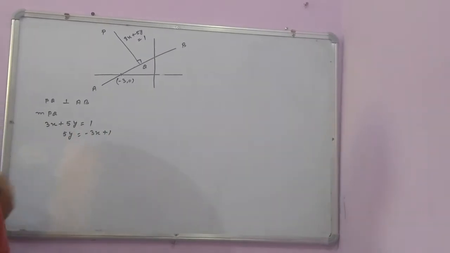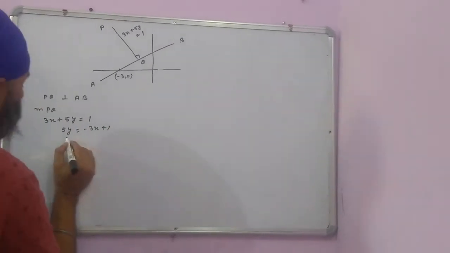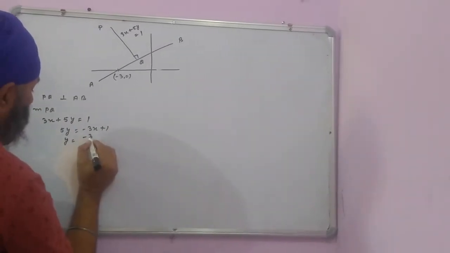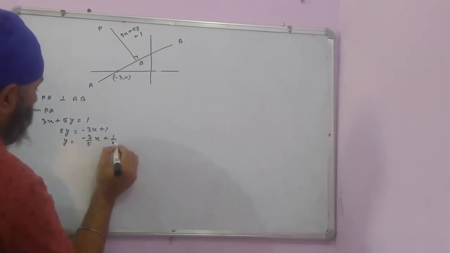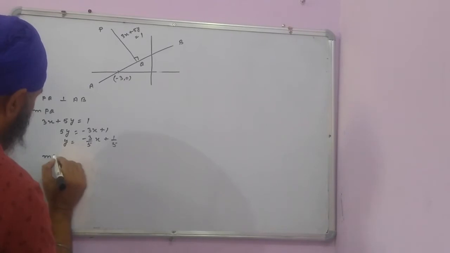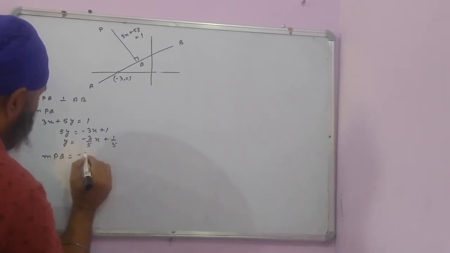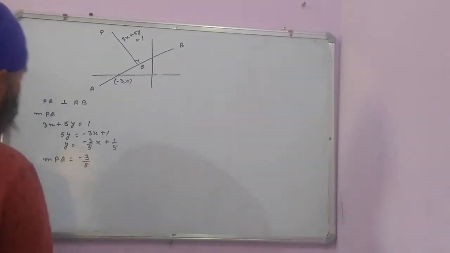Minus 3x will go there and become minus 3x. 5 will get divided, 1 by 5. So m PQ is minus 3 by 5.